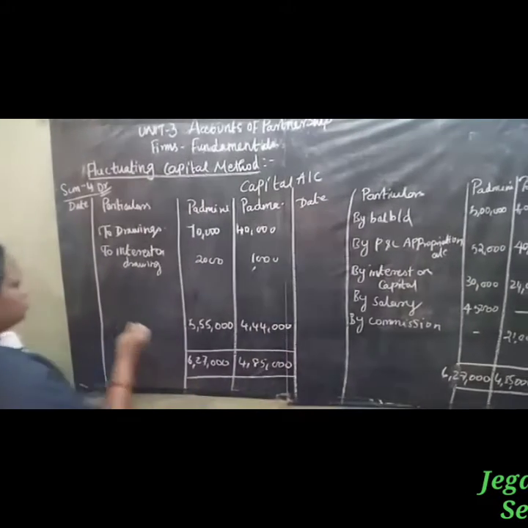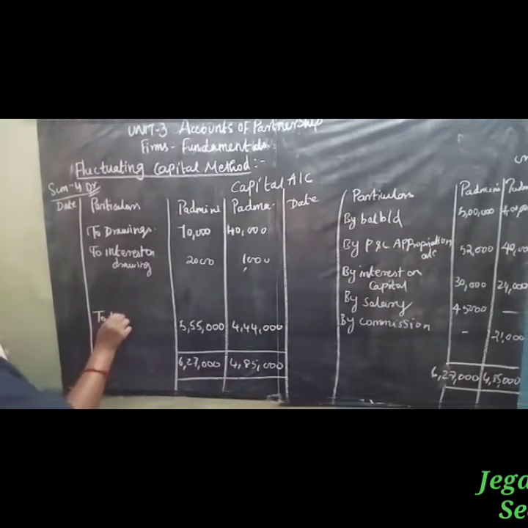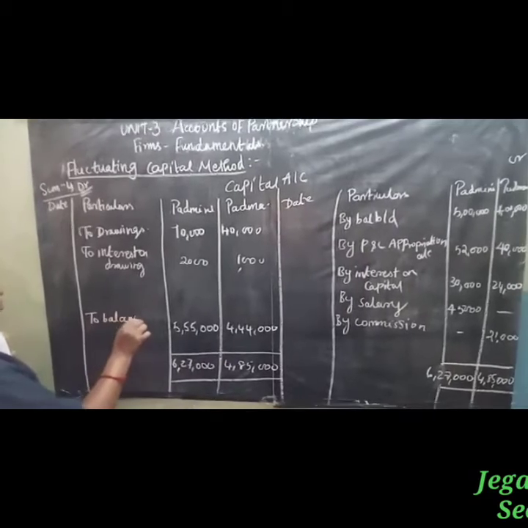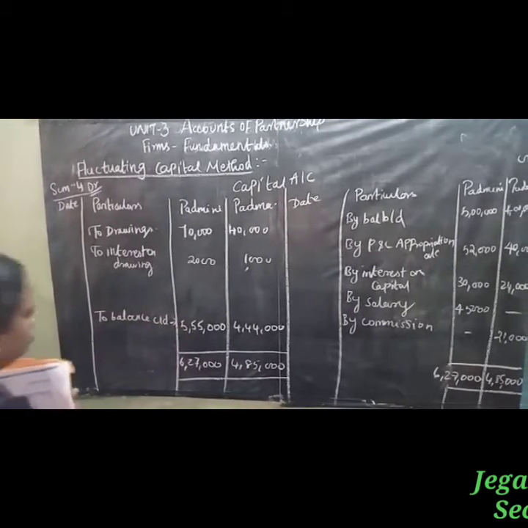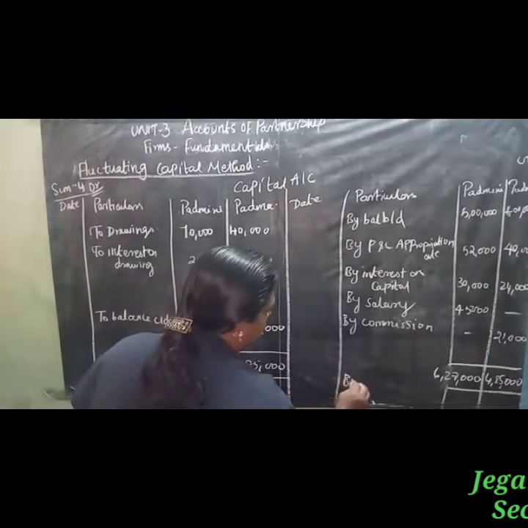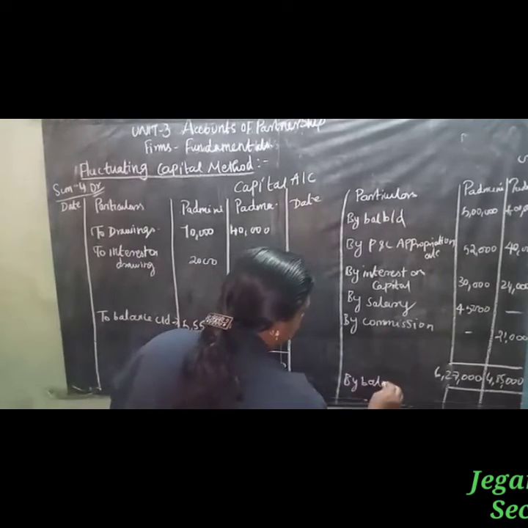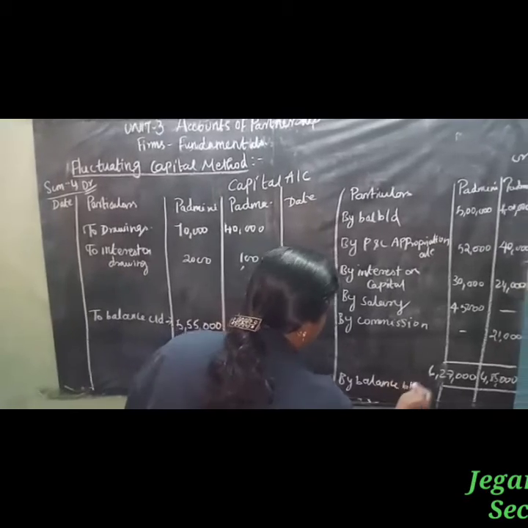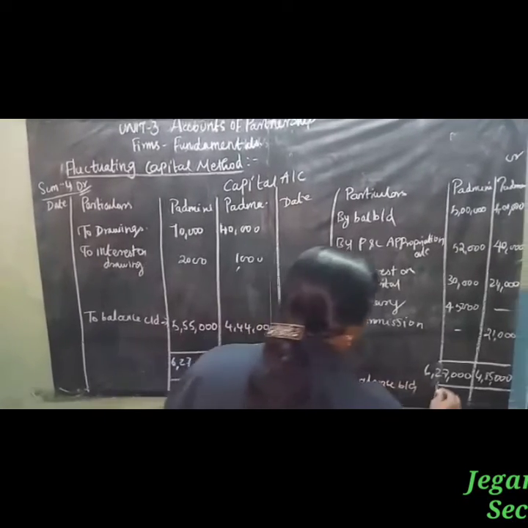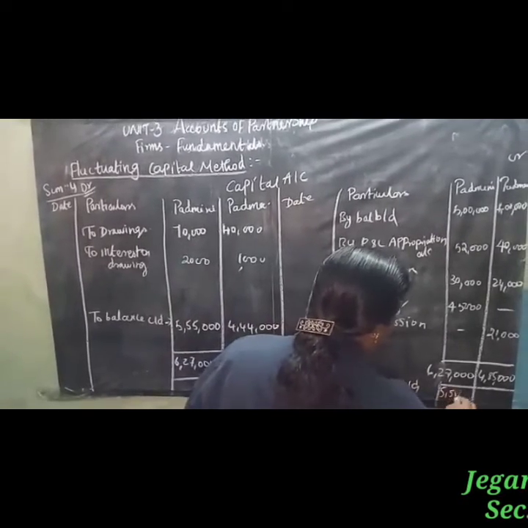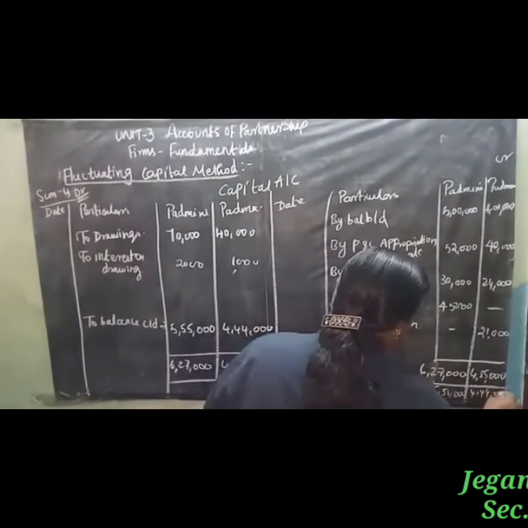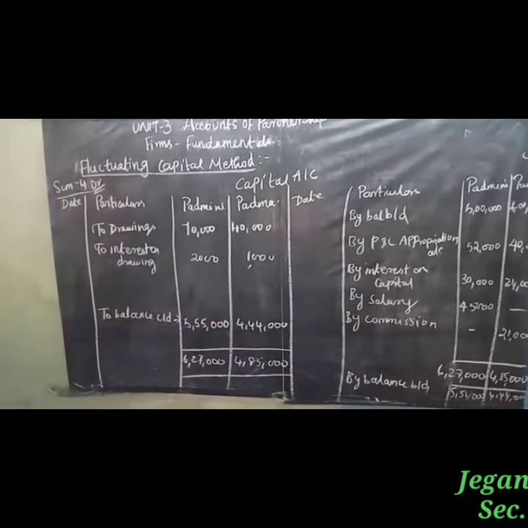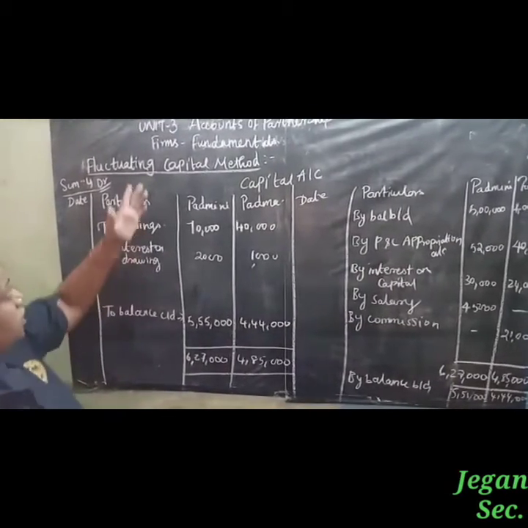So the answer is the balance c/d. Then on the right side, by balance brought down, 5,55,000 and 4,44,000. Okay, understand?